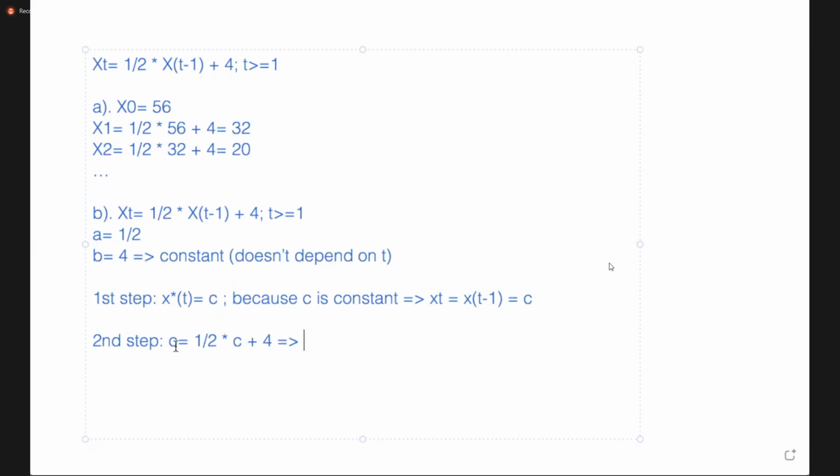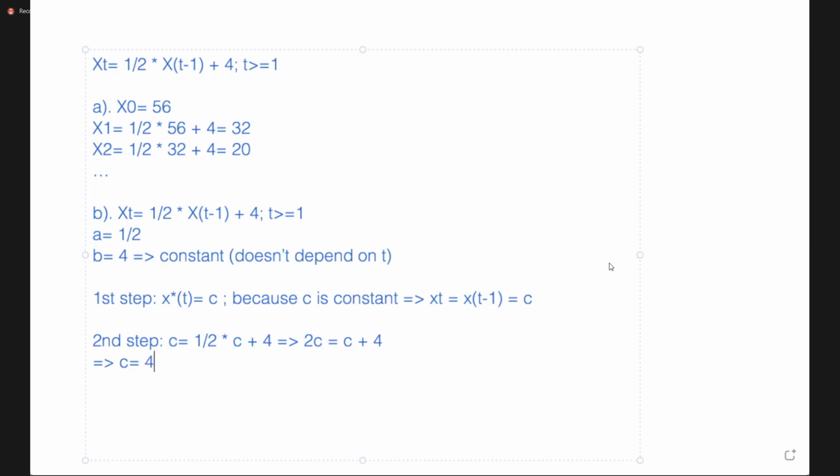I am going to multiply everything by 2, so I can get rid of this fraction right here. What I'm going to obtain in the end is 2c is equal to c plus 4, which means that my c will be equal to 4.